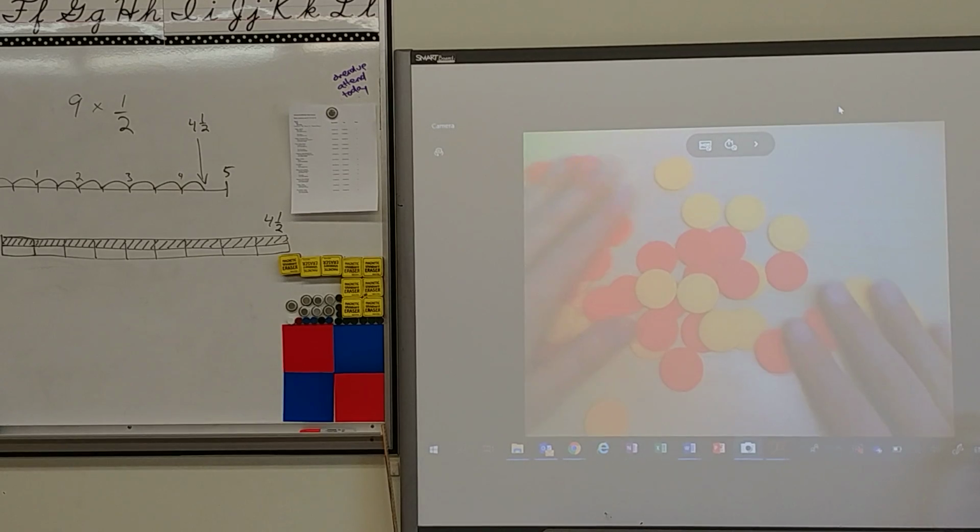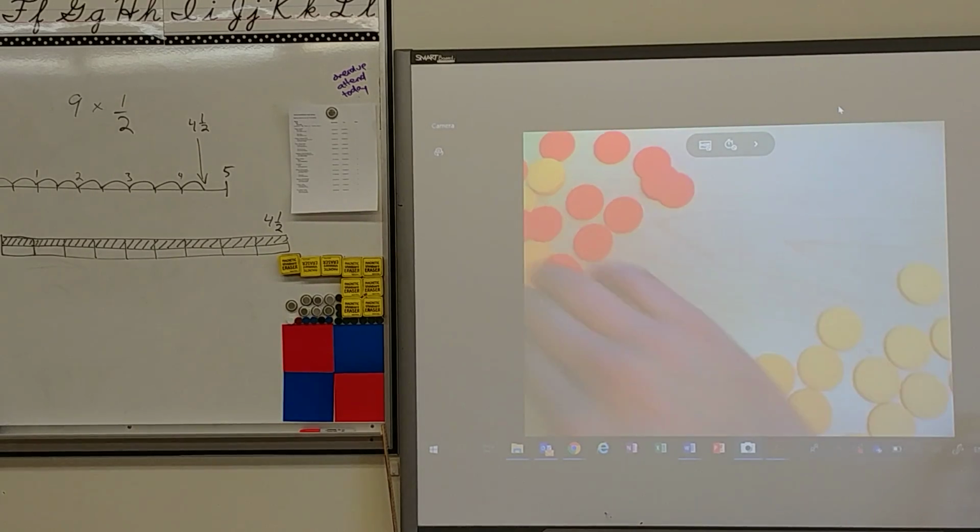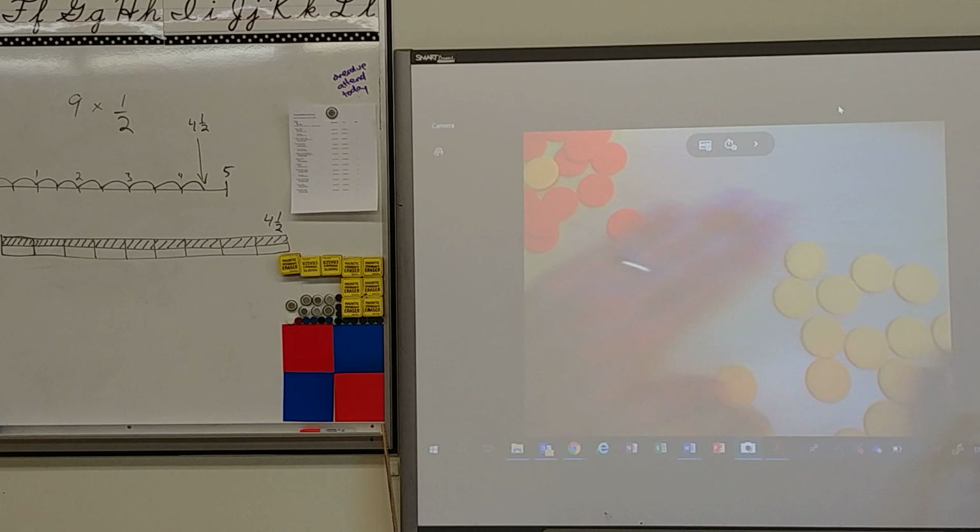Observe my counters. I have 21 counters. It says 2/3 times 21.